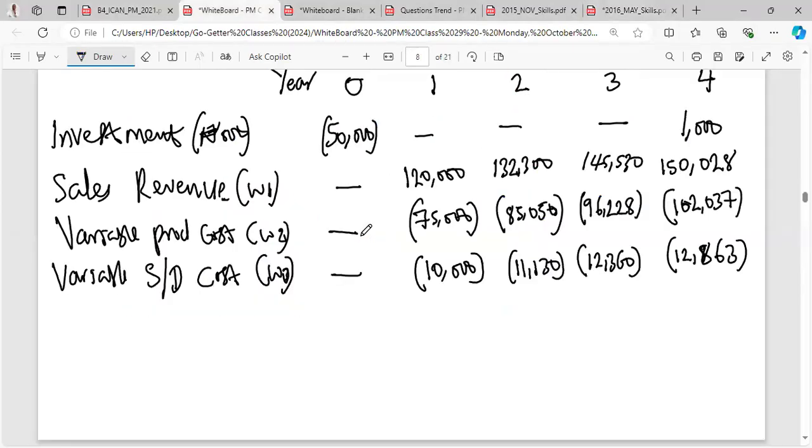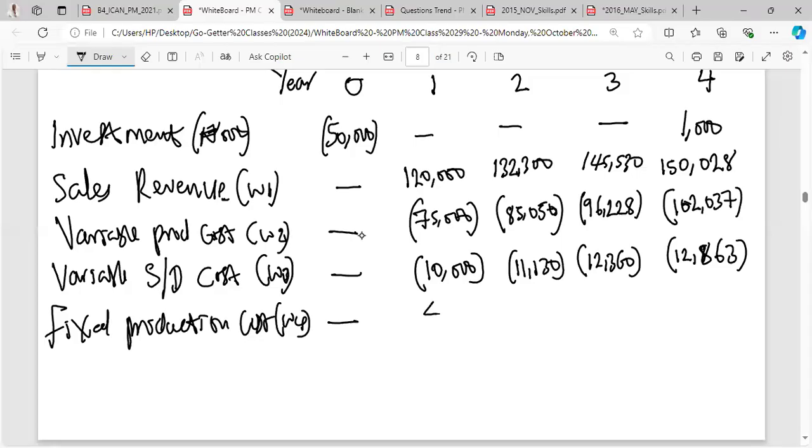Fixed production costs. So this is working 4 because this is 0. We know that here will still be 4 million. Let me still bring the 4 million.